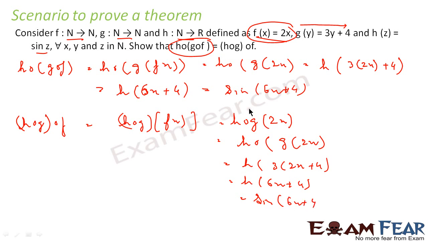So if you see, LHS and RHS both are the same. Thus we can say that h of g of f is equal to (h o g) of f.